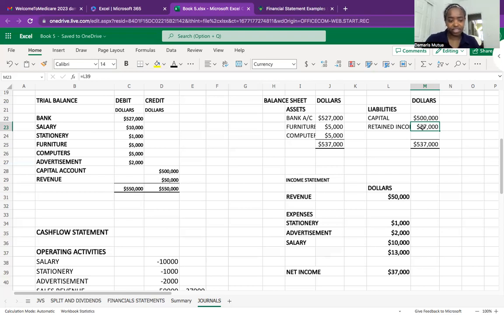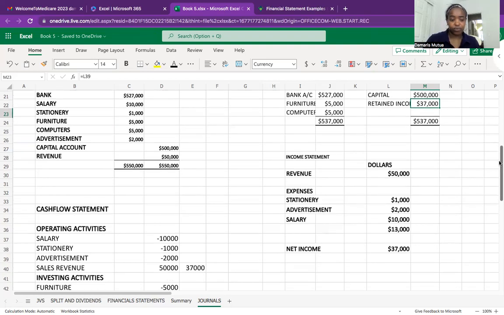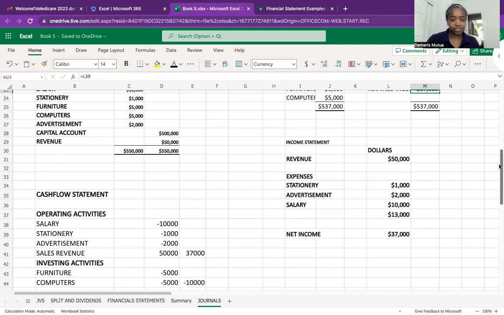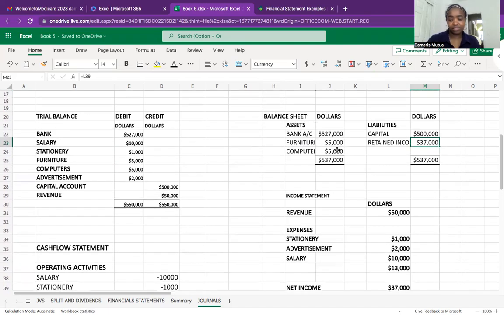Under the different activities, we know we use cash for operating activities, for investing activities, and for financing activities. So this is our cash flow statement, and the ending balance needs to be the same as what we have in the bank. It needs to reflect the same thing.